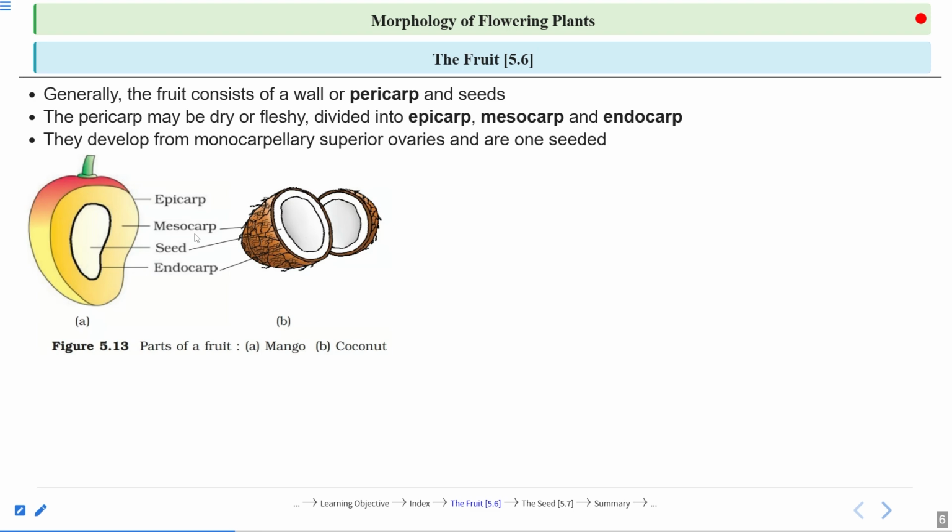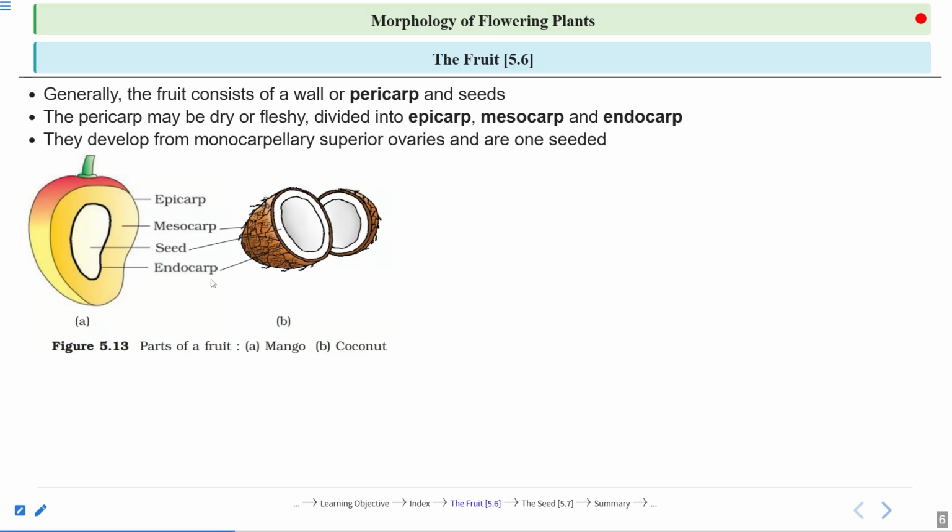And just below the mesocarp, there is a stony, very hard covering, and that is known as endocarp. So both are fruits, coconut fruit and mango fruit. But now you can see which is the pericarp, which is the mesocarp, which is the endocarp, and which is the epicarp.